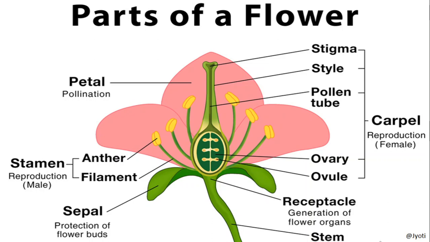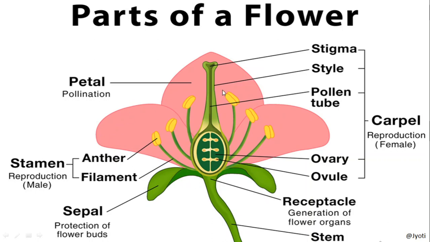Okay, so a flower has two types of parts. One is the vegetative part, the other is the reproductive part. The vegetative leaves are the sepals and petals, which do not directly participate in the process of reproduction, but indirectly they are helpful in the process of reproduction, whether by protecting the bud or by attracting the insects for pollination.